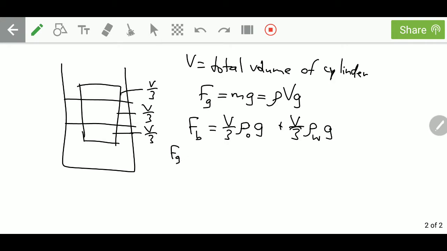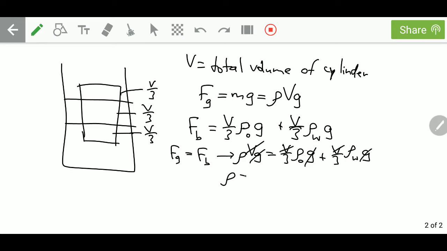And now these two are just equal. So setting Fg equal to Fb, we get rho Vg equals V/3 rho oil times g plus V/3 rho water times g. And very nicely, V and g just cancel out of everything.